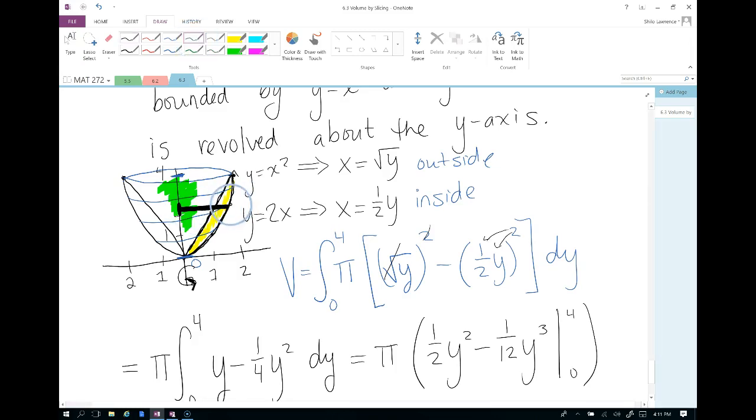So with the slice we drew here, it's easier to see that the curved graph is farther and the line is closer when we compare it to the y-axis. We always want the one that's farther away to be written first because that one creates the larger volume, and we want the one that's closer to be written second in the subtraction because it creates a smaller volume, and that way our subtraction always comes out to be a positive number.